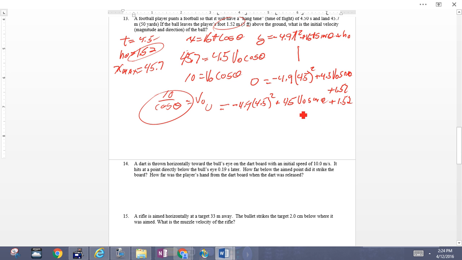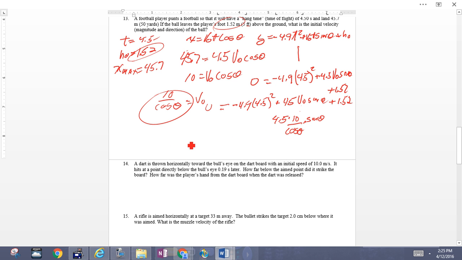That's going to be placed in over here, giving me 4.5 times V0, which is 10, over the cosine of theta, times the sine of theta. Sine over cosine is tangent. The only unknown now is the angle. So I'm going to solve that for the angle.